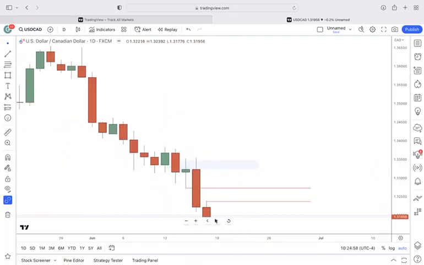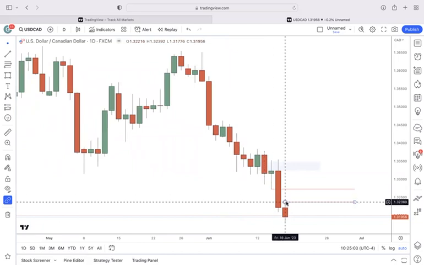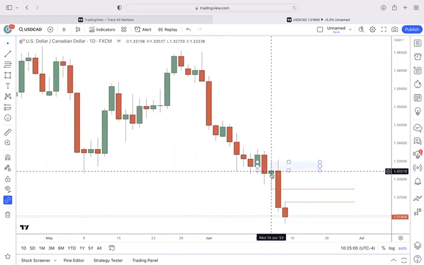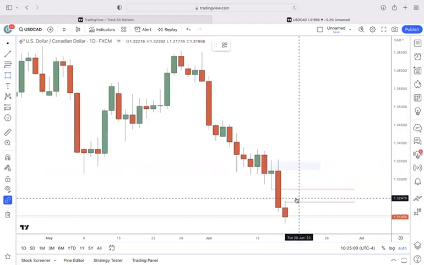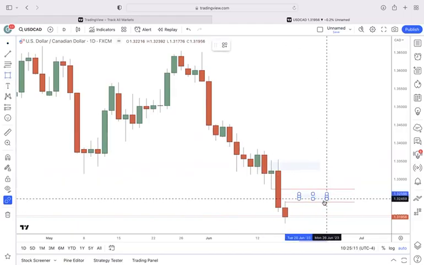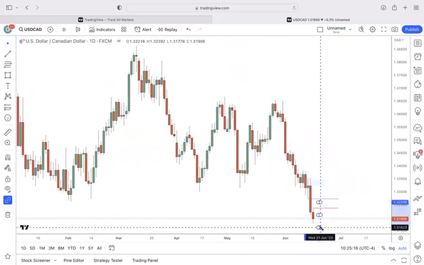We'd want UCAD to do the same thing. And it would make sense because UCAD has this daily fair value gap with the daily order block right here. So I would want UCAD to open and pop up higher into here, then continue lower.